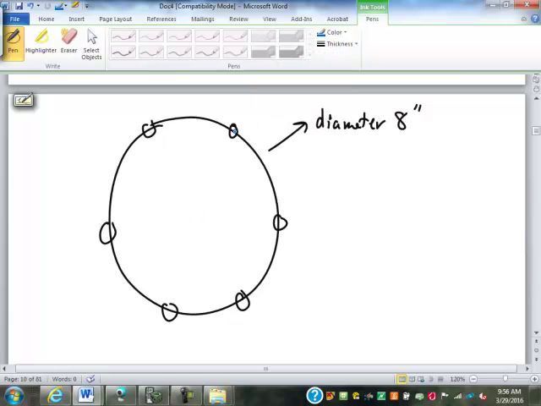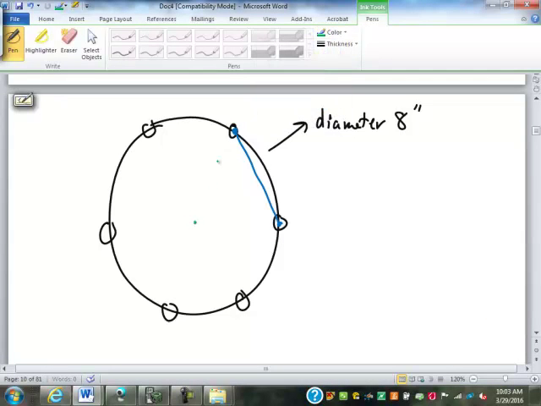I want you to find the distance. It has 6 holes drilled around it. Distance from center to center of those 2 holes. I'll give you a minute to think about that. See if you can come up with it. And then so, let's take a look.